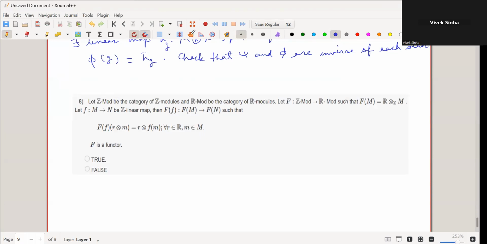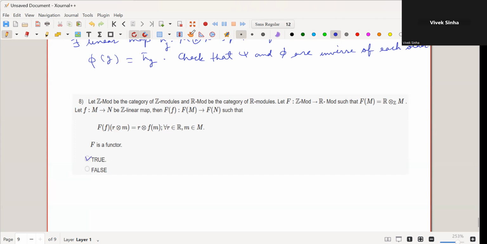Let F be a map mapping an element of Z mod to R mod such that a Z module M is mapped to R tensor M. So this is an R module, and any map F from M to N, a Z linear map, is mapped to a map from R tensor M to R tensor N in the following way. So this is mapping a Z module to an R module and the Z linear map to an R linear map. So one has to check that it's a functor or not.